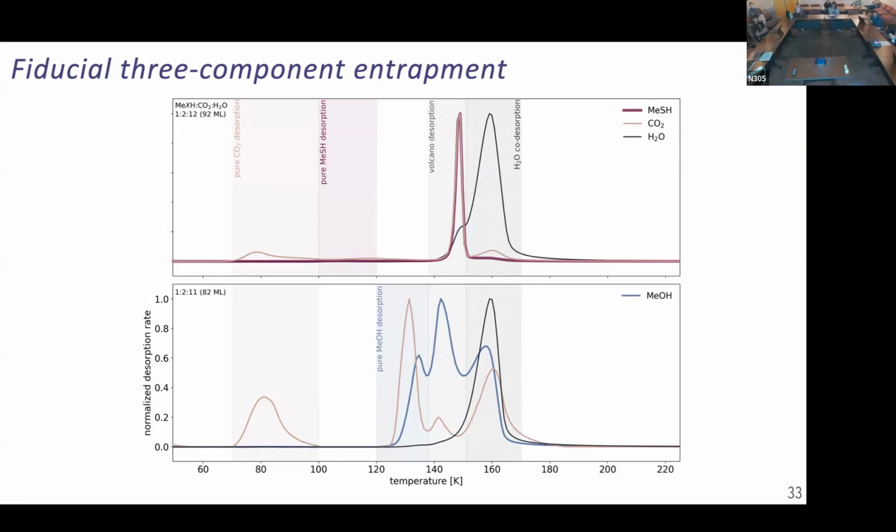When the water matrix is restructuring, it allows some pores to become a little bit big, and there's usually an immense increase in molecules that are entrapped that come off. We can see that happen for methanol as well, but we do see some of this methanol coming off at its pure desorption peak. This was a little bit surprising. And we note that all of it is basically coming off at this volcano and none of it is coming off at this co-desorption, which is very different from this methanol peak that we see.